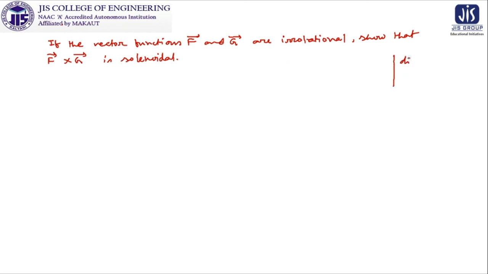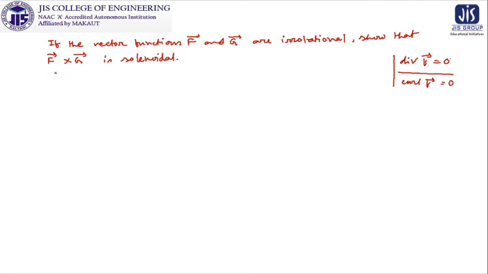It is that divergence of f is 0. But what is irrotational? Just in place of divergence, if we take curl and curl of f is 0, then it is irrotational.